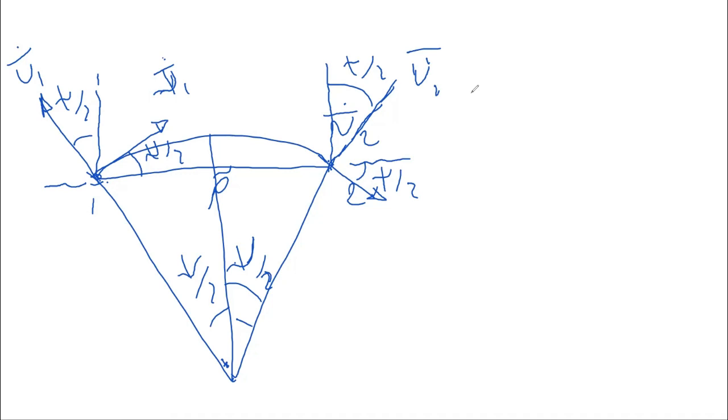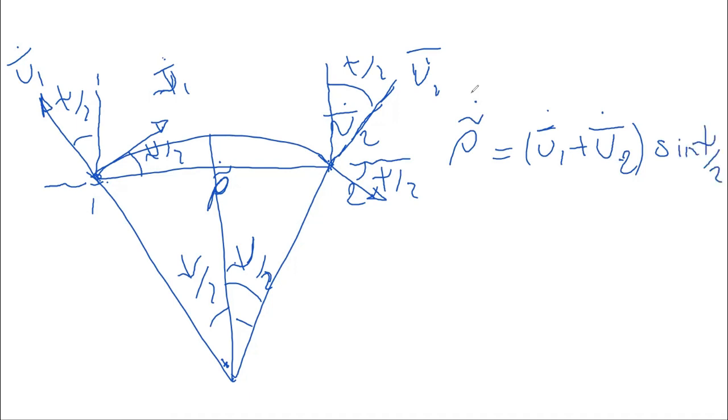So the velocity of these changes will be, I will write it like this, the radial velocity of the first satellite minus the radial velocity of the second satellite, multiplied by sine of psi over 2, plus the along-track velocity 1 minus the along-track velocity 2, multiplied by cosine of psi over 2.